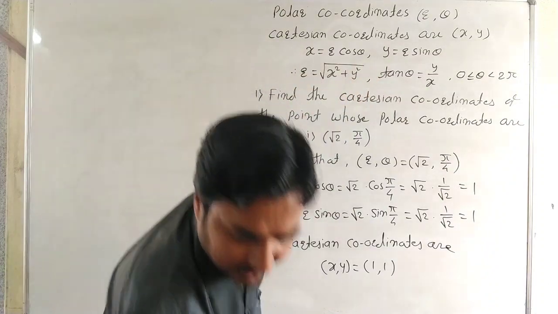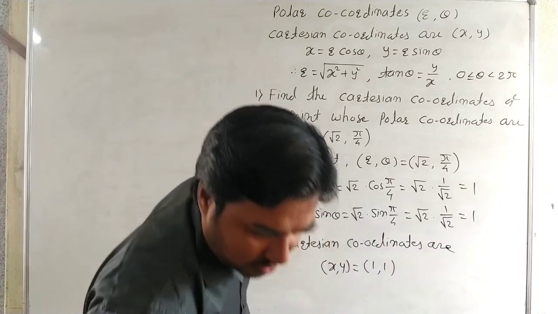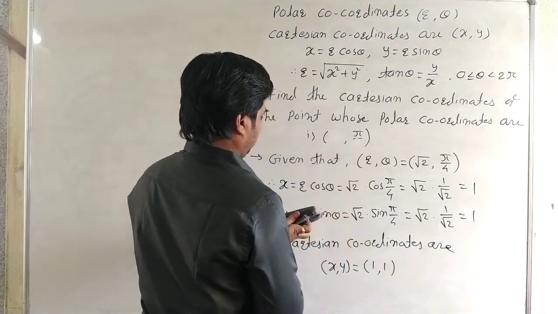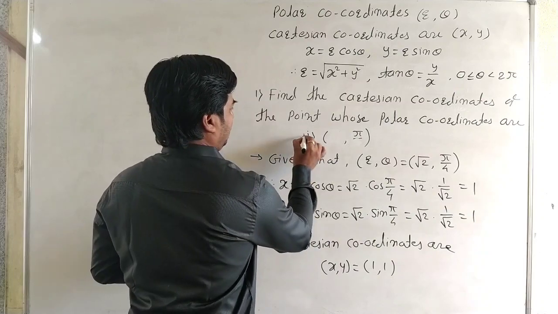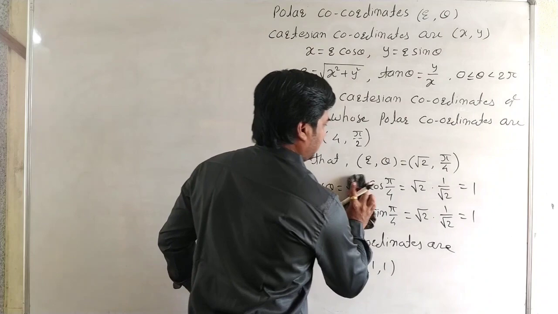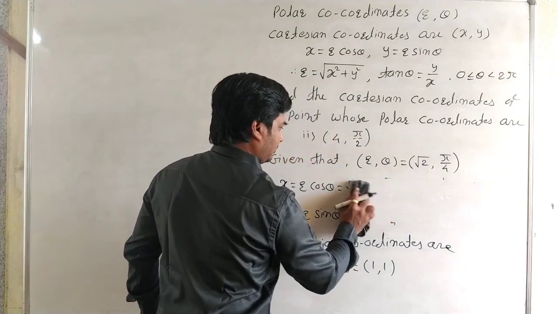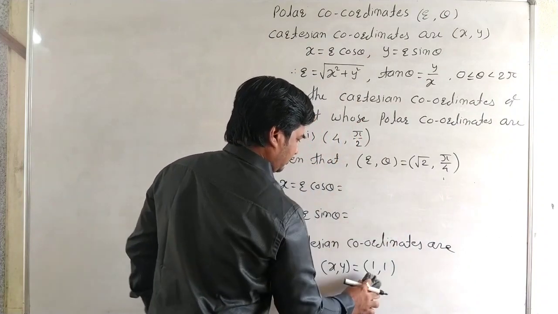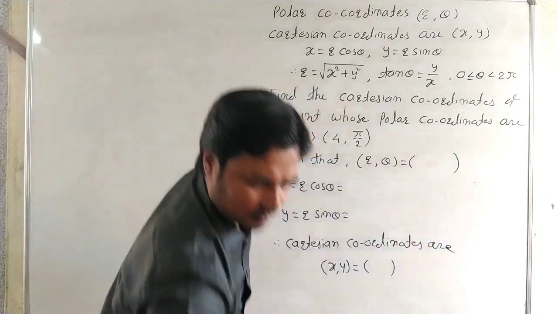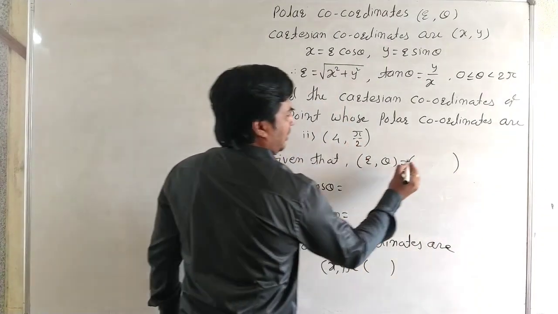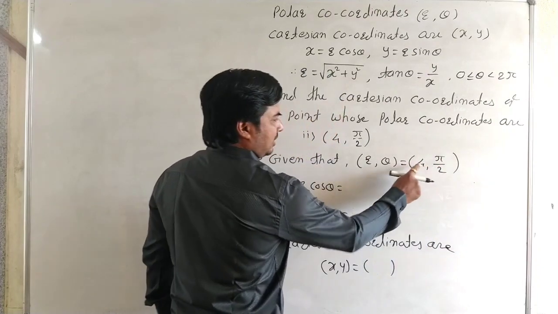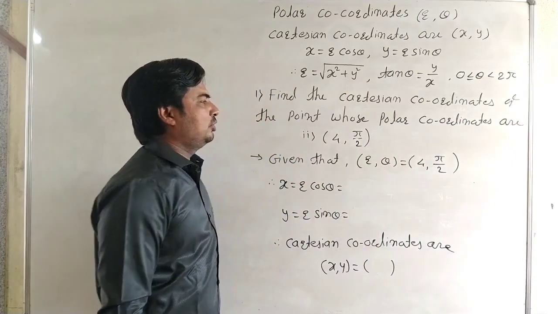Okay, now the next one is 4 comma pi by 2, the second problem. Here they have given 4 comma pi by 2, so r is equal to 4 and theta is equal to pi by 2.